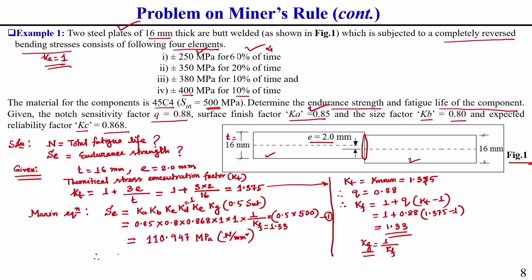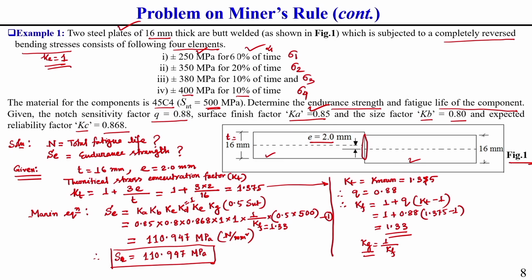So one solution we got. The endurance strength, which is one of the answers asked by this question, equals 110.947 MPa. Now, for the different stress levels, sigma 1, sigma 2, sigma 3 and sigma 4 are given.